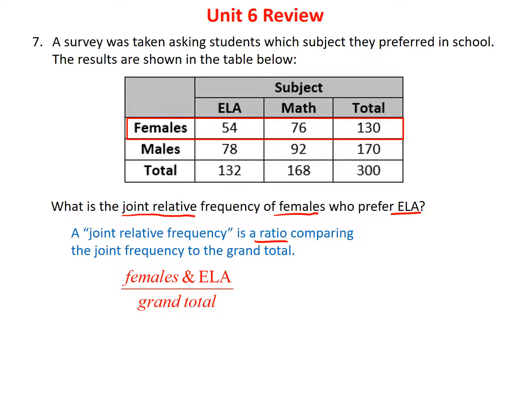Here's the line of females, and here's the line of students who prefer ELA, and where they cross is our joint frequency, or there were 54 females who preferred ELA. Now we compare that to the grand total. Well, the grand total is 300. And so our joint relative frequency is 54 to 300, or as a fraction, 9/50.